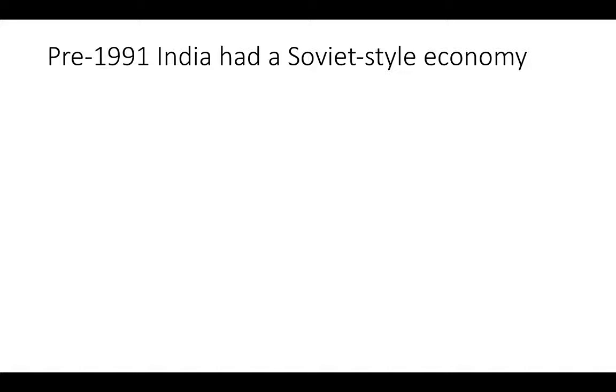So why did I choose these years between 1991 and 2011 and to the present? Before 1991, as a lot of you might already know, India had gained independence from the British in 1947.